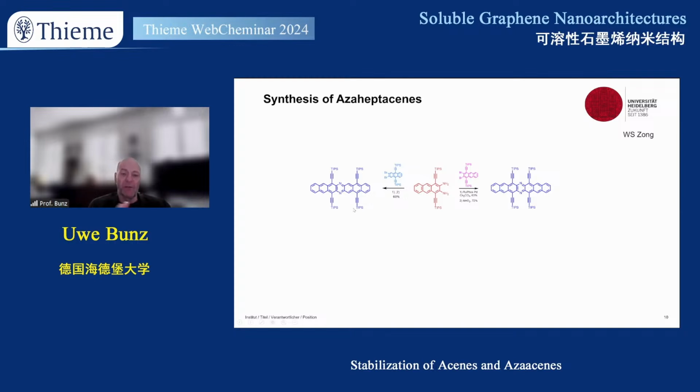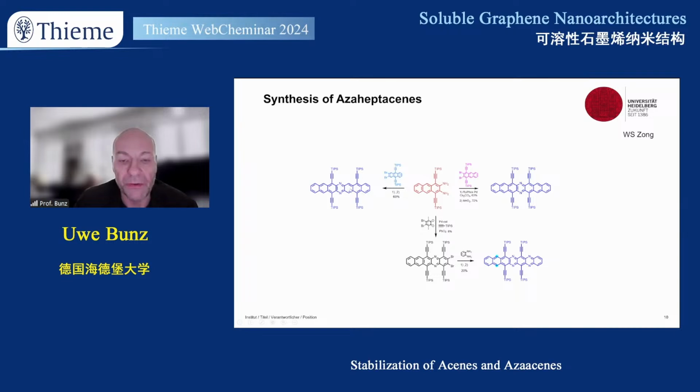And you can do this in a way that you can get either 1 or 2 benzene units between the alkynyl groups, and build up a number of different azacenes fairly easily using standard technology like palladium catalysis and oxidation.